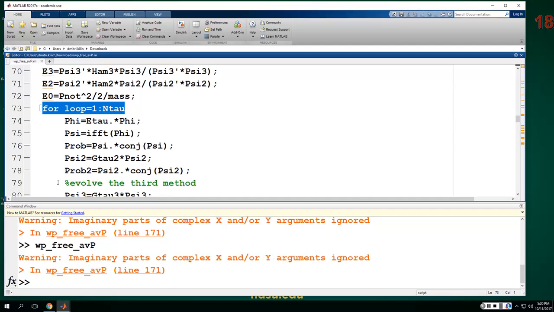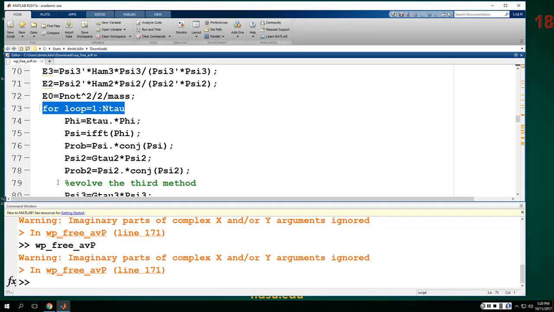So let's try to correlate it with what we had in the course before. If we are repeating it in the loop, I'm guessing that here is the wave function of the near past.